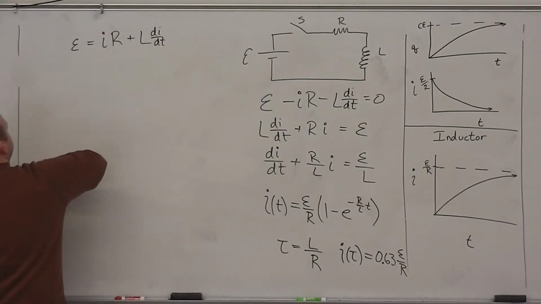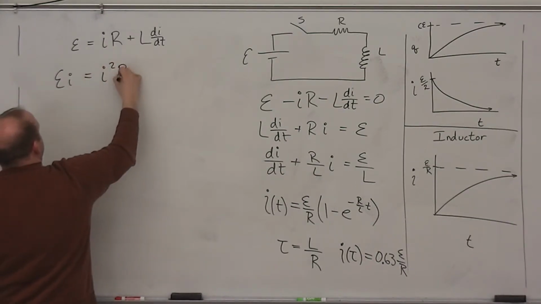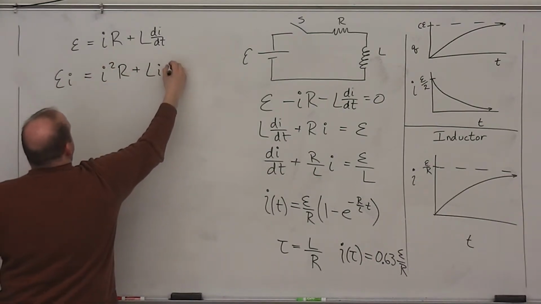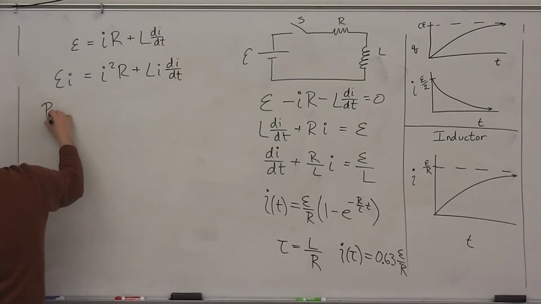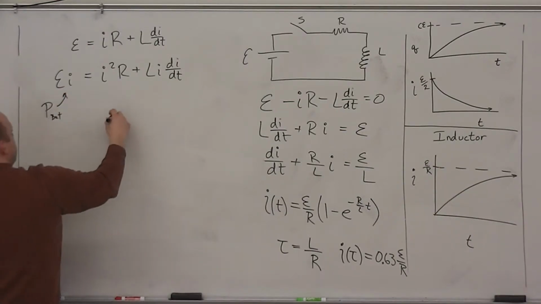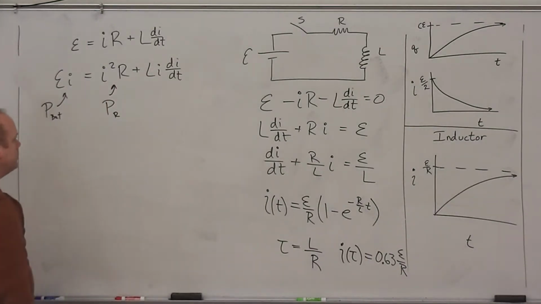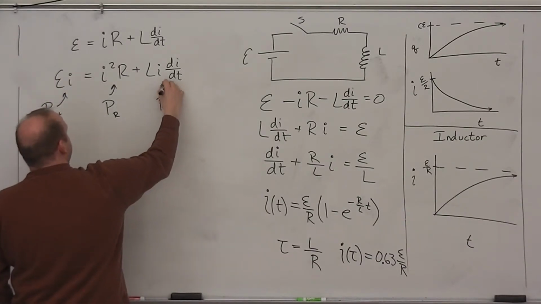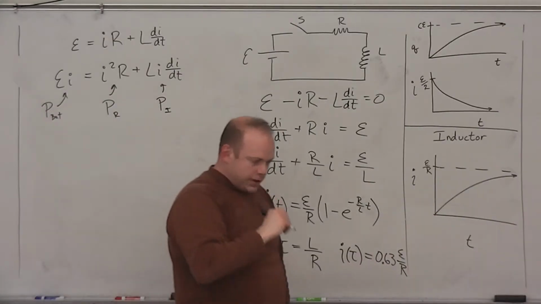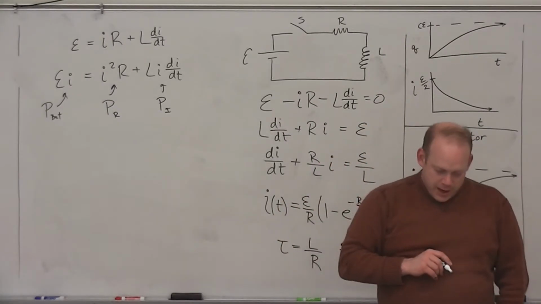Well, multiply everything by I. EI is equal to I squared R plus Li di dt. This is the power from the battery. This is the heat, the power in the resistor that goes off as heating. And this is the rate of energy usage of the inductor. Now, we are going to store energy inside the magnetic field.